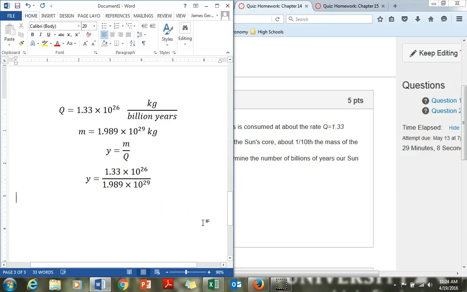When you type this and you want to calculate it, mass is on top, you're correct.